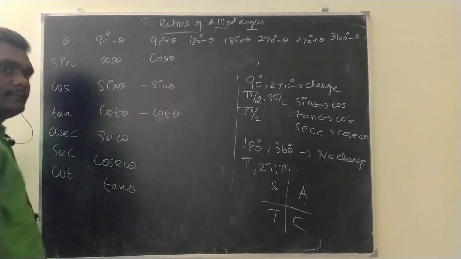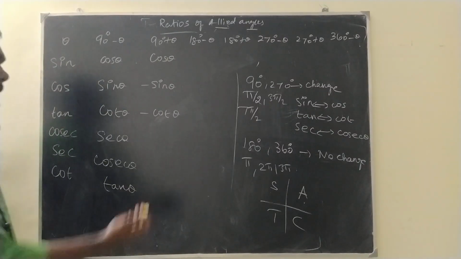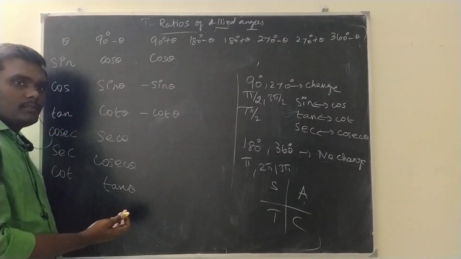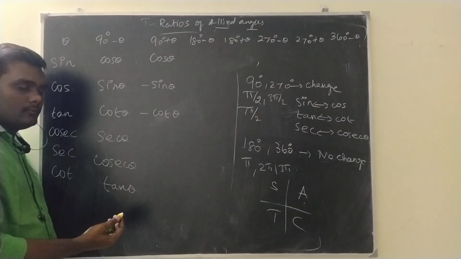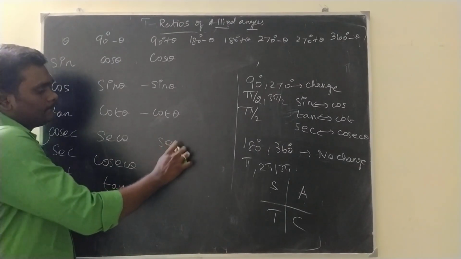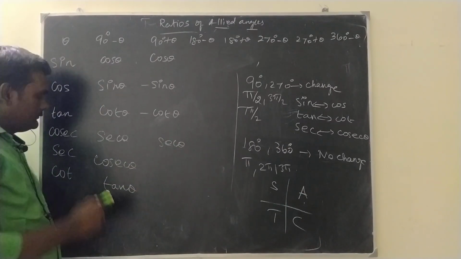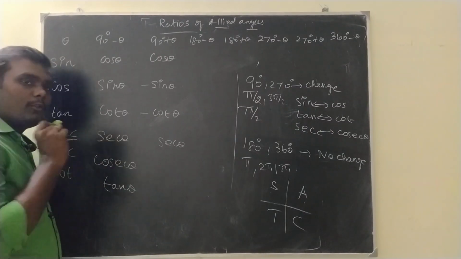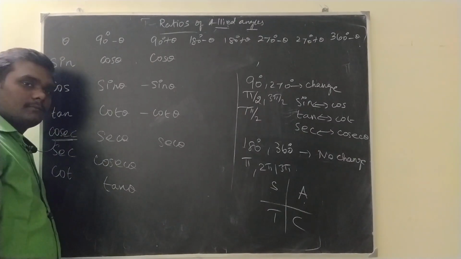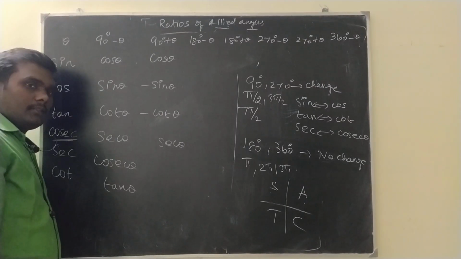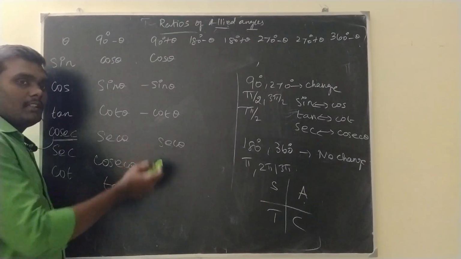Next, cosec 90 degree plus theta. Sec theta. Because cosec is a reciprocal of whom? Sine. So he also will give you positive.